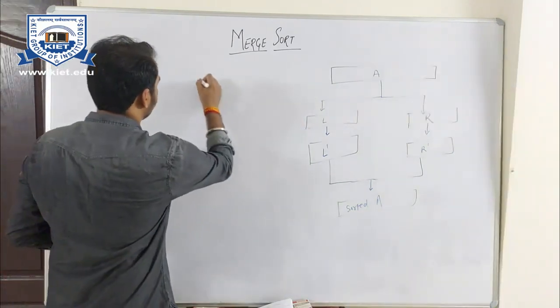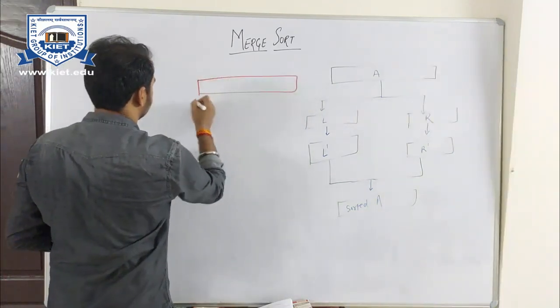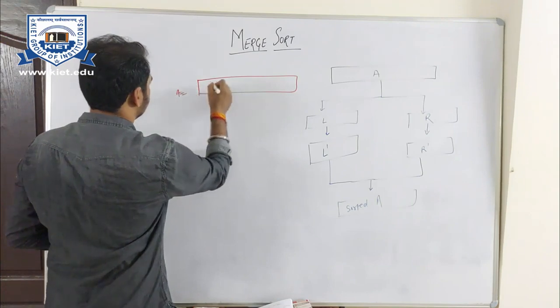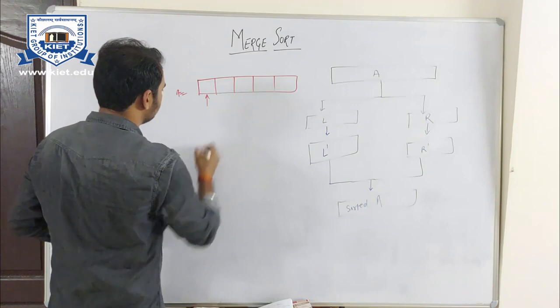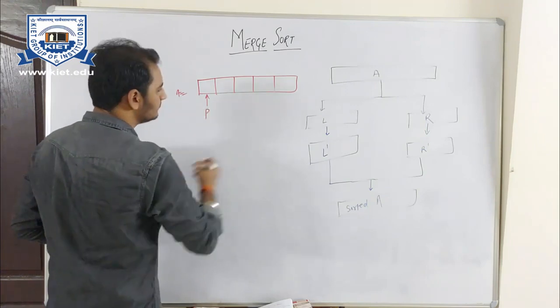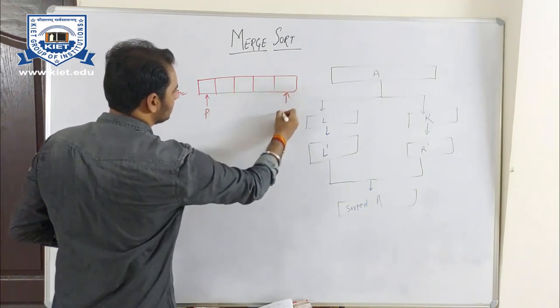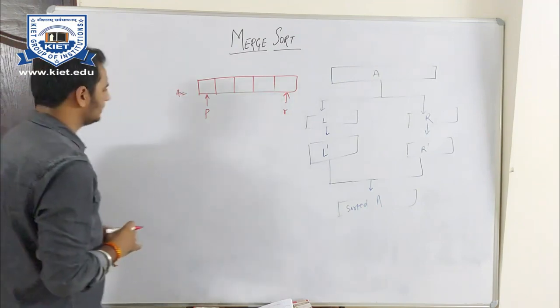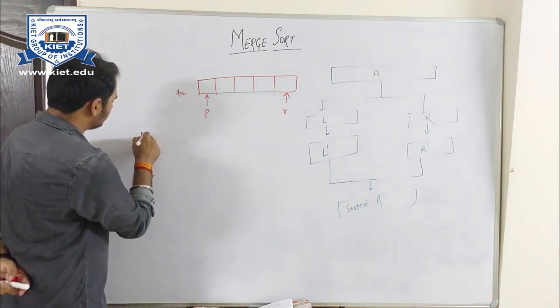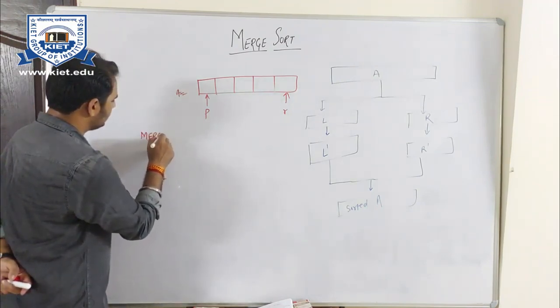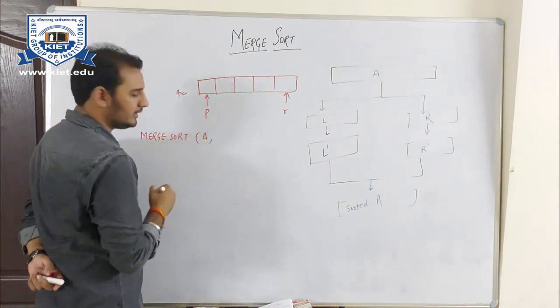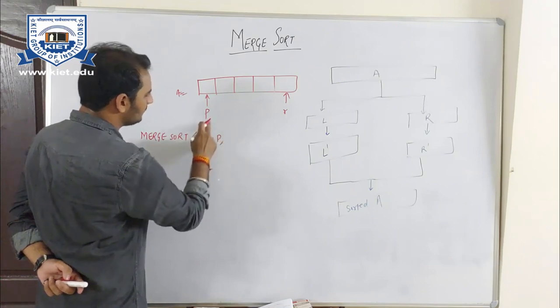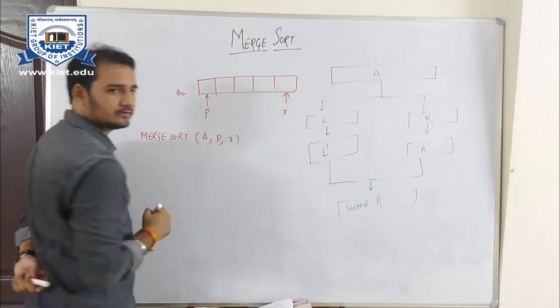Now let us suppose we have the array A. This is the starting point of the array, let us denote it by P. This is the end point, let us denote it by R. We are going to write this merge sort procedure. So merge sort will take the array A, the starting index of the array and the last index of the array.